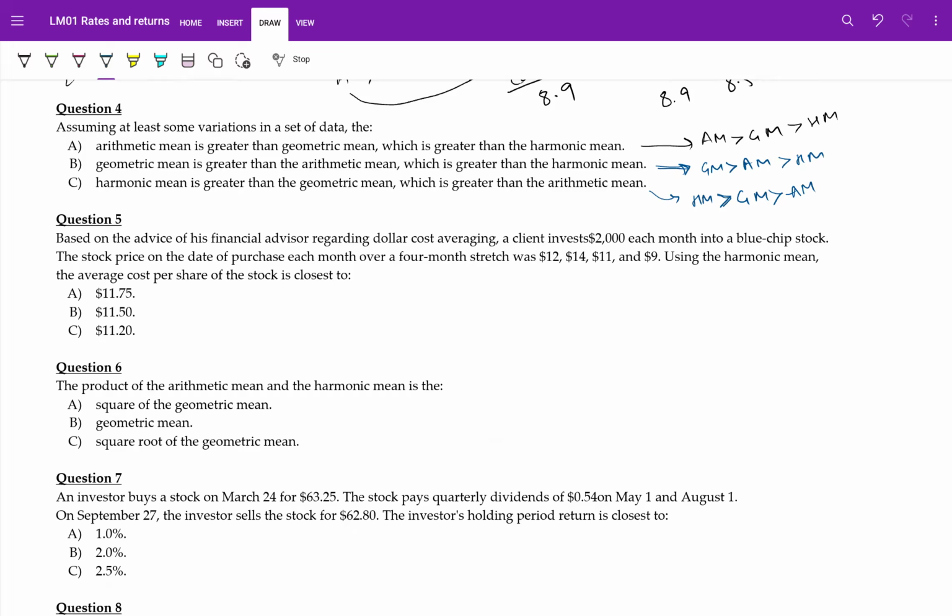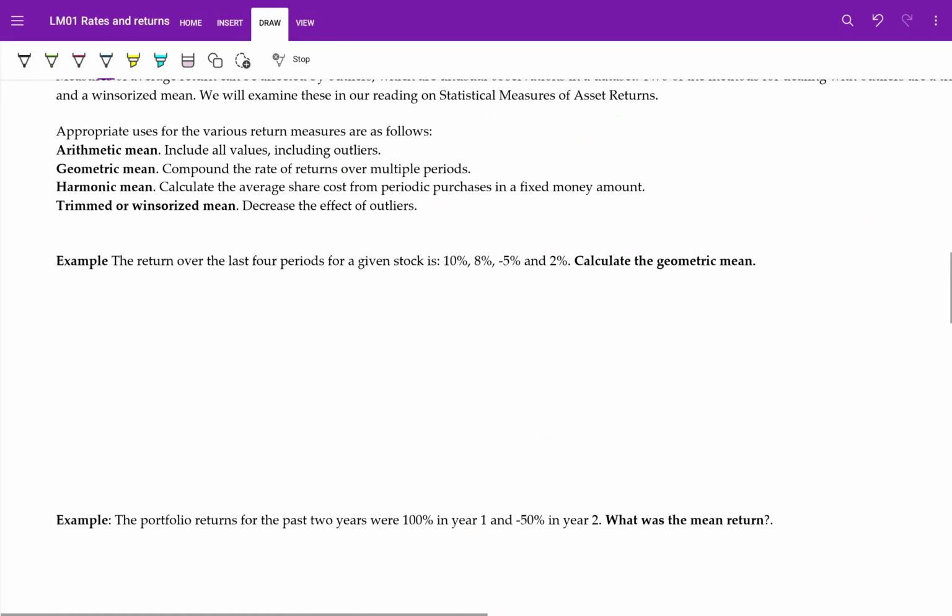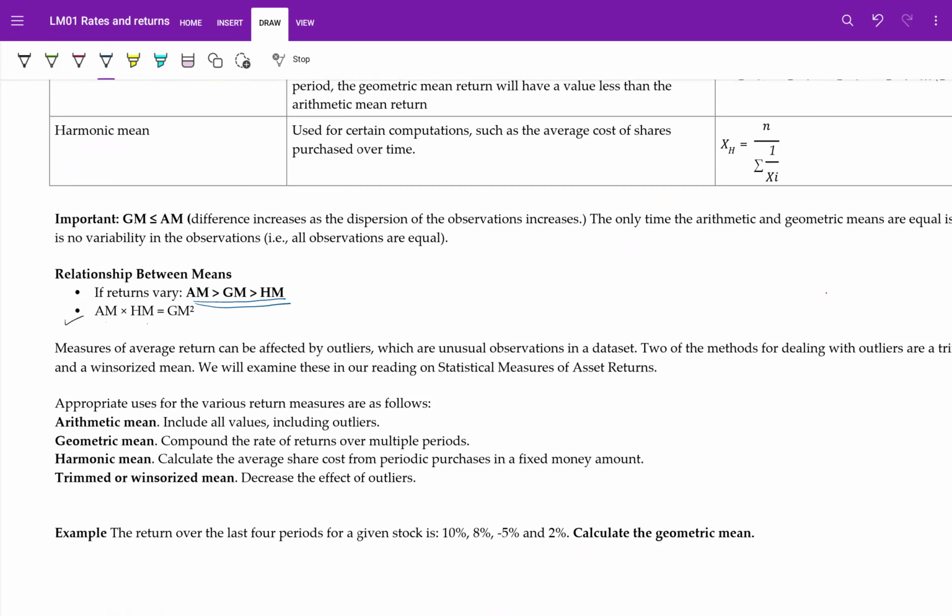Now you need to understand the question here, and if you understand the question, you understand that option A is correct, because this is the relationship between these three means. I am saying means, MEANS. The spelling is the same for both of those.